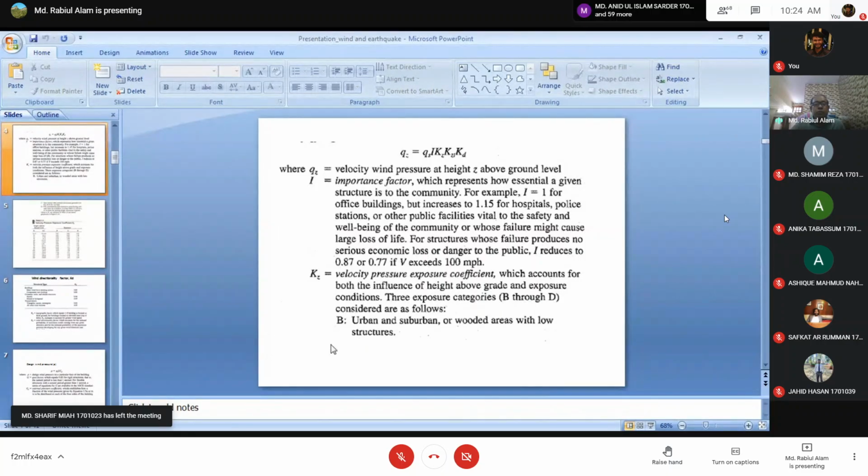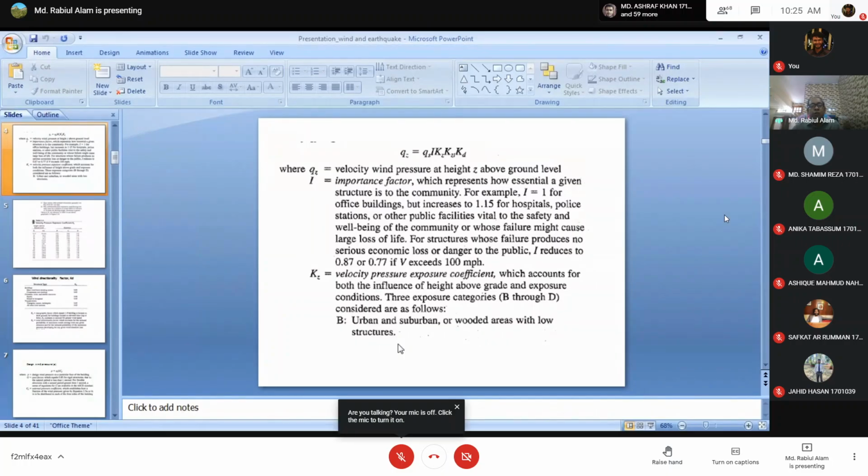So exposure B is for urban and suburban or wooded areas with low structures. Okay, so you intend to construct a structure in urban or suburban areas where other structures are low, a very small amount of structure exists, or wooded areas or forest with low structures.